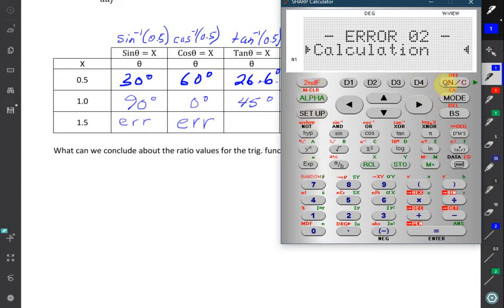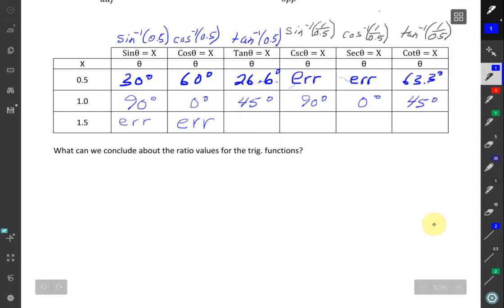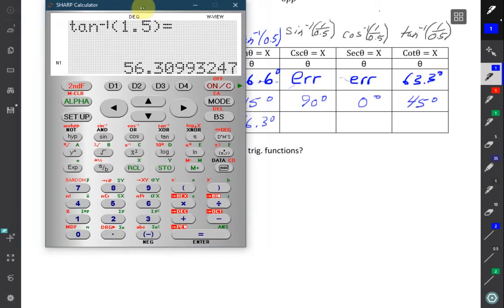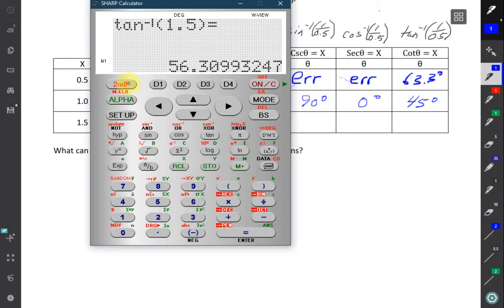Finally, the second function tan, or the inverse tan of 1.5 is 56.3 degrees. Coming over to the reciprocal functions, the inverse sine of 1 divided by 1.5 equals 41.8.